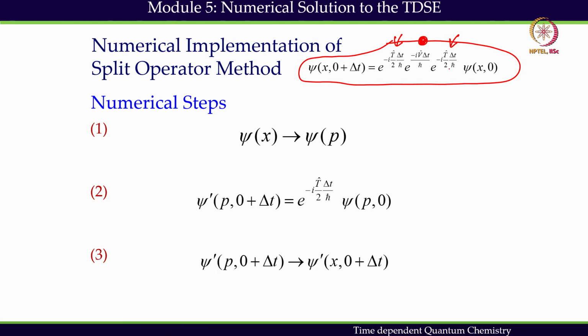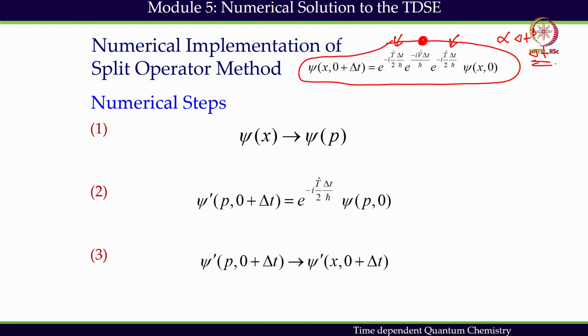And note this half, because it is divided by 2. Kinetic energy is divided by 2, and then distributed symmetrically. Now this is the analytical form of the split operator method which we are going to use. For this we know that the error is going to be of order delta t to the power 3, which means that the error will be very small if I take delta t to be very small.